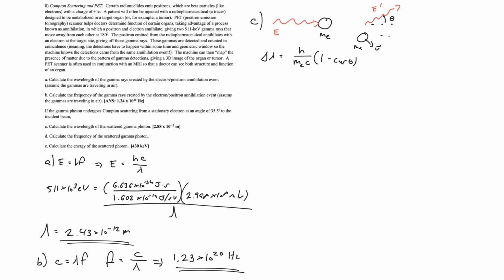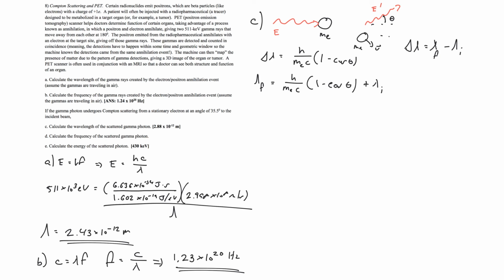We can rewrite delta lambda as the final wavelength minus the initial wavelength. So the wavelength of the scattered photon is Planck's constant over the mass times the speed of light, times 1 minus cosine theta, plus that incident or initial wavelength.